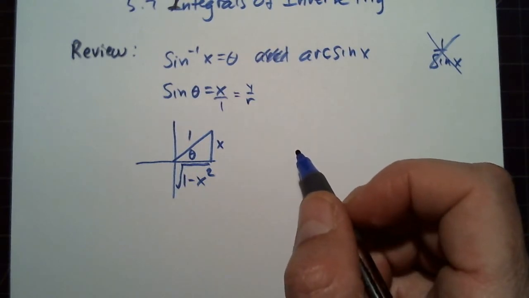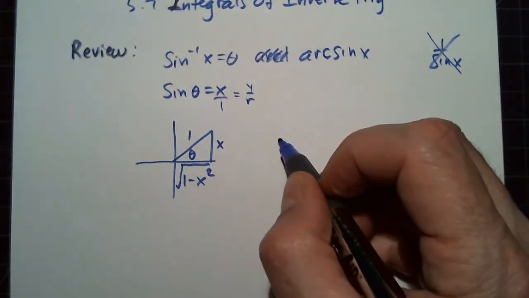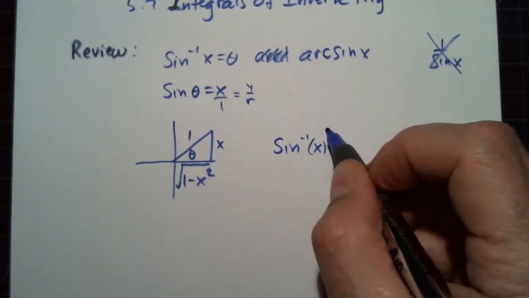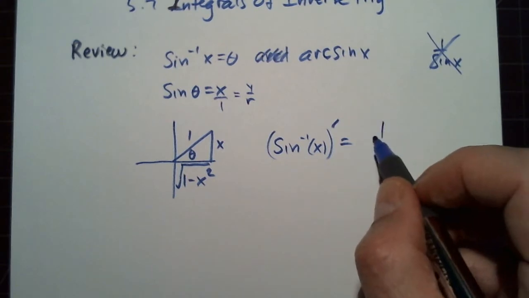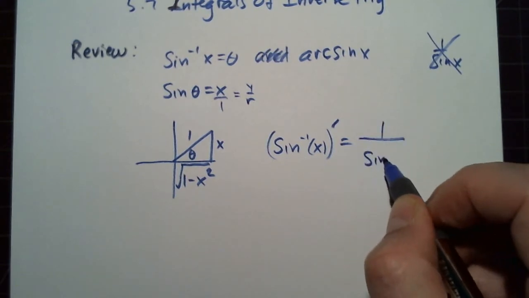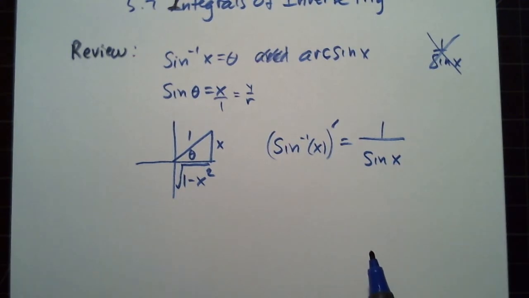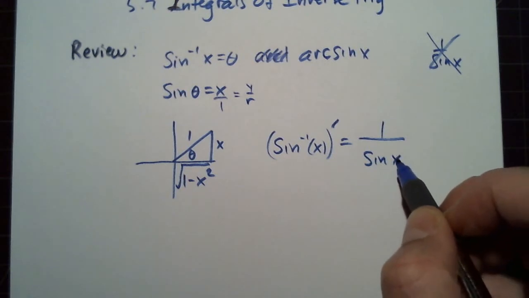Now we have to remember that the derivative of an inverse is 1 over the derivative of the function. But I wouldn't put an x here.